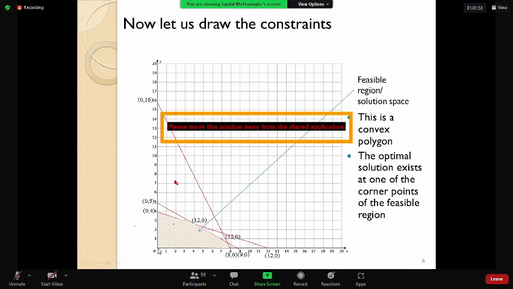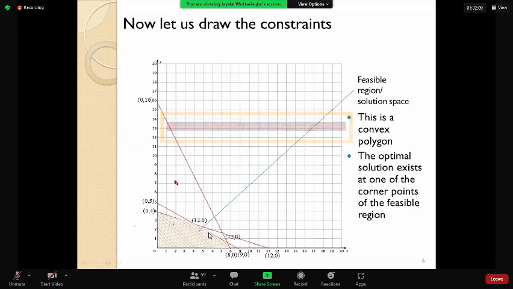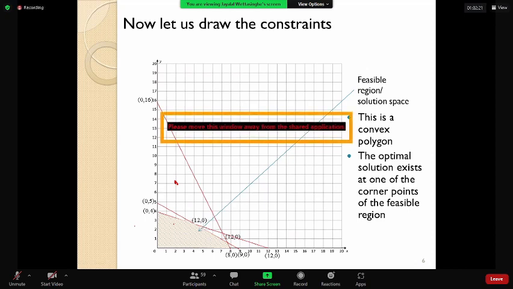Now we have to find the coordinates of these corner points: 0, 0, then 0, and this last one 8, 0, and the other two also we have to find. If you draw the graph correctly to a correct scale on the graph sheet, you can measure the distances and find the point.